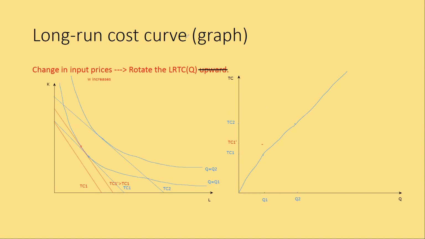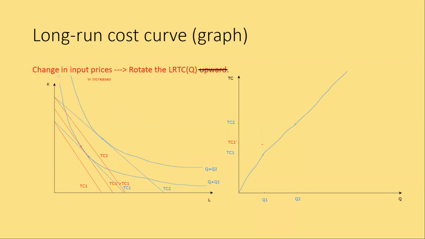Now, similarly, when we have TC, if we look at TC2, the new isocost line for TC2 is going to have the same slope as those TC curves. So this is the new TC2, and again, it no longer touches our Q equals to Q2, right?